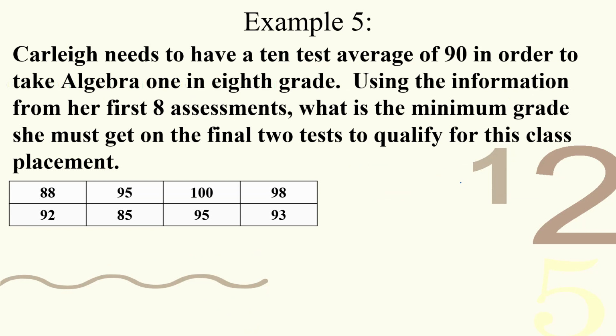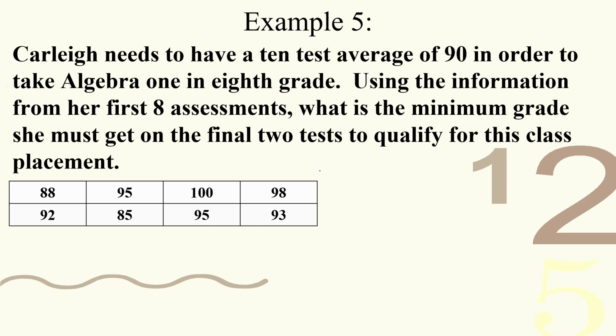Carly needs to have a 10 test average of 90 in order to get into Algebra 1 in 8th grade using the information from the first 8 assessments. What is the minimum grade she must get on the final 2 tests to qualify for this? So now notice we have the same situation. This time I'm going to go ahead and simplify things and add these all up. 98 plus 95 plus 100 plus 98 plus 92 plus 85 plus 95 plus 93.